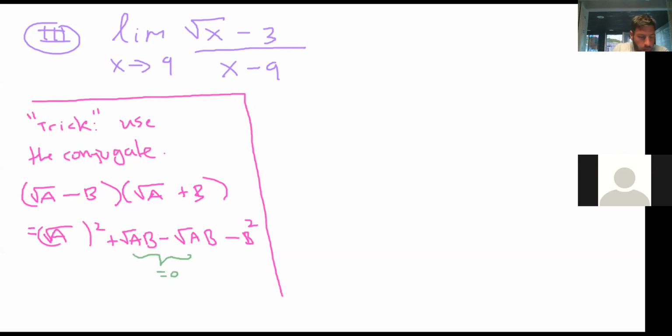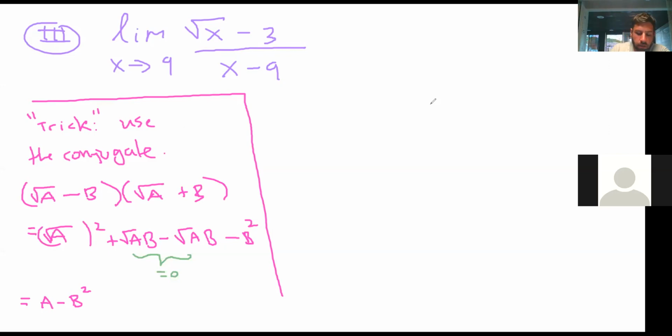So at the end of the day, this simplifies to A minus B squared. So why is that useful? Well, what you'll notice, this trick, use the conjugate trick, is this eliminates the radical.